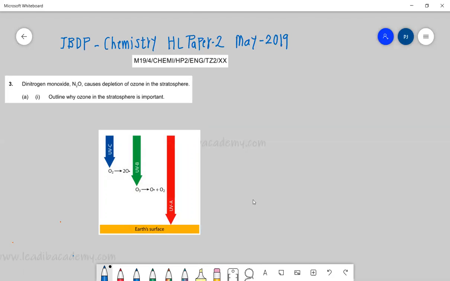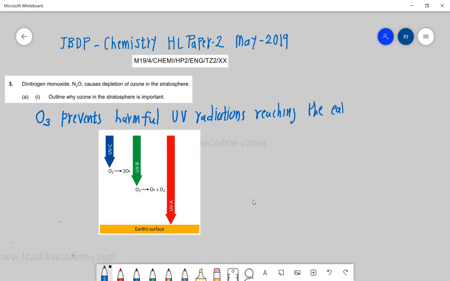First of all, the important part is that the ozone layer takes care of, or prevents, harmful UV radiations reaching the Earth's surface. This is the important reason.